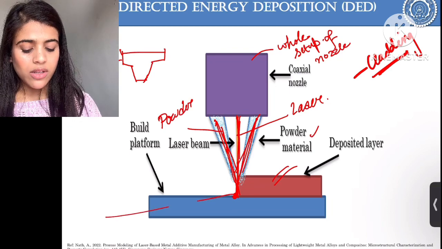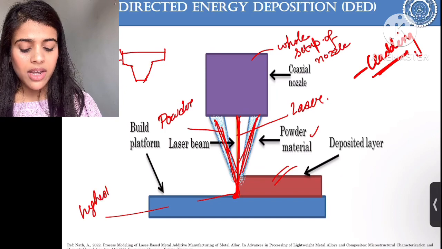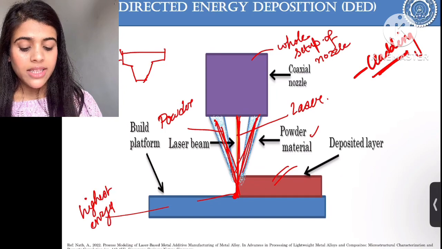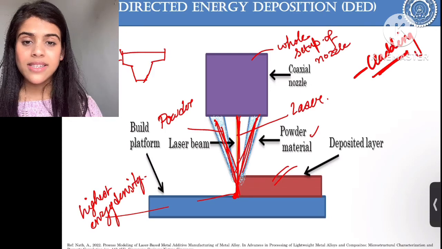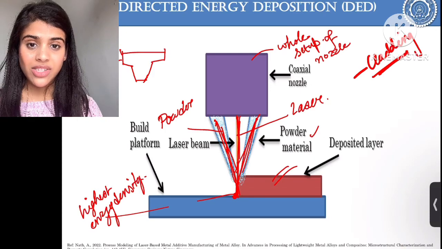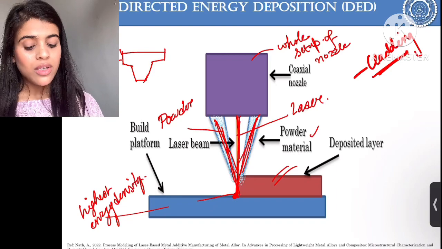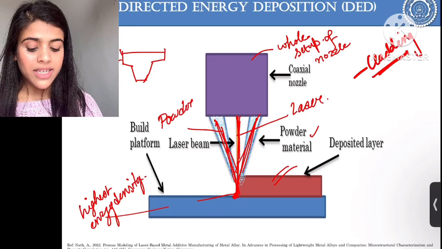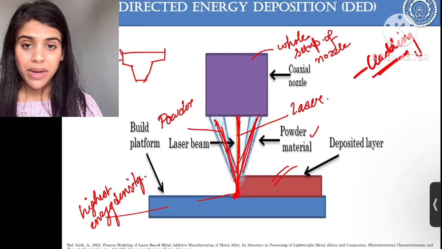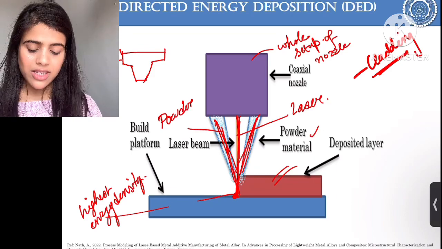This laser will also come and heat that point. So at that point, this laser will have its focus point. At the point of focus, the laser has the highest energy density or power density. So obviously all the powder particles present at that spot will get melted and deposited over the substrate.